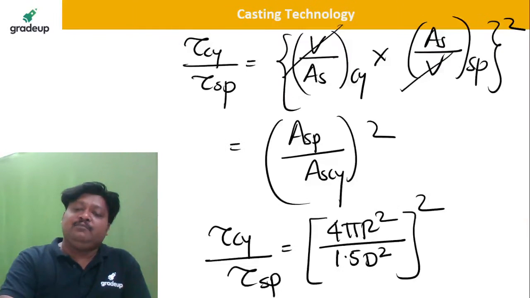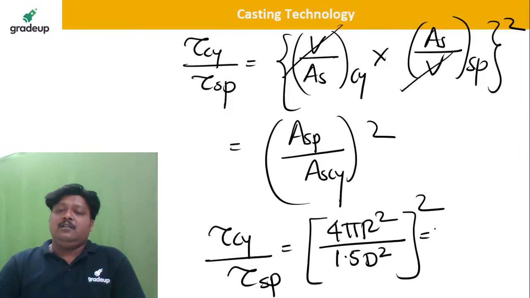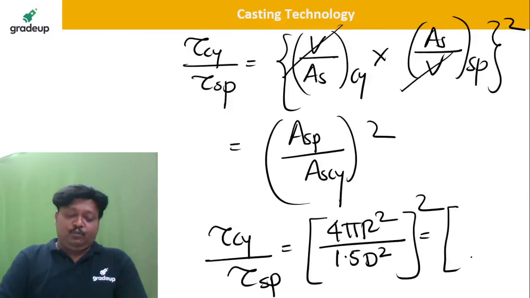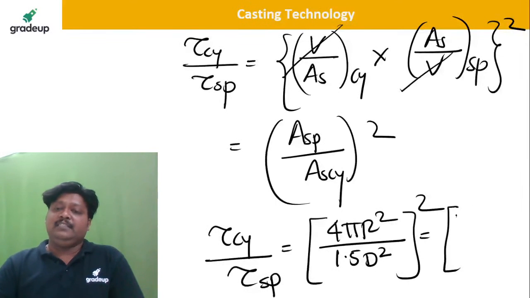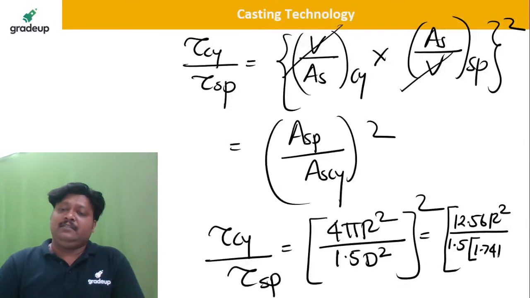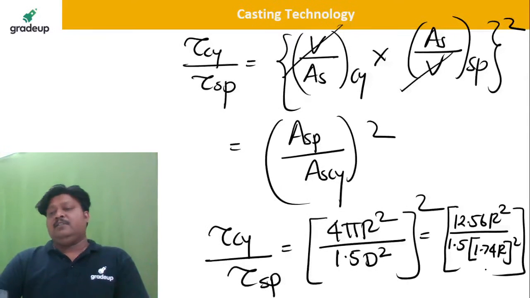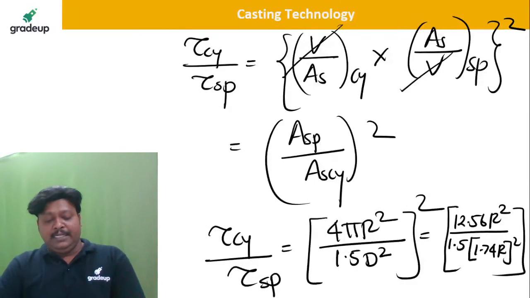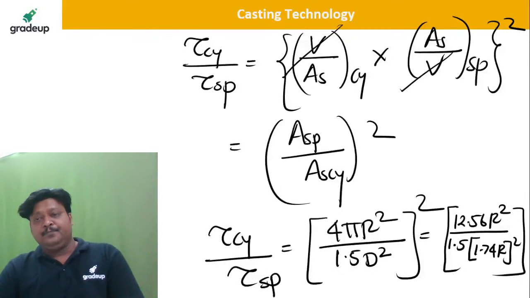D is equal to 1.74 r. So 4 into pi will be 12.56 r square divided by 1.5, and D is what? 1.74 times r, whole square. So how much is it? 1.74 whole square, because it is square there, into 1.5. Okay, 12.56 divided by this answer, so it will be 2.76.